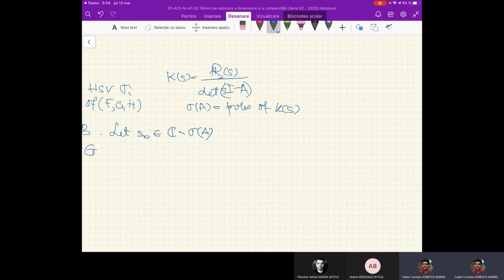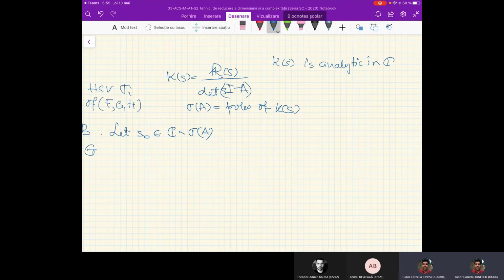Now, apart from the poles, these discontinuities, K(s) is what's called in complex analysis analytic in the complex plane C, with the exception of the poles, which are a limited number of singularities.